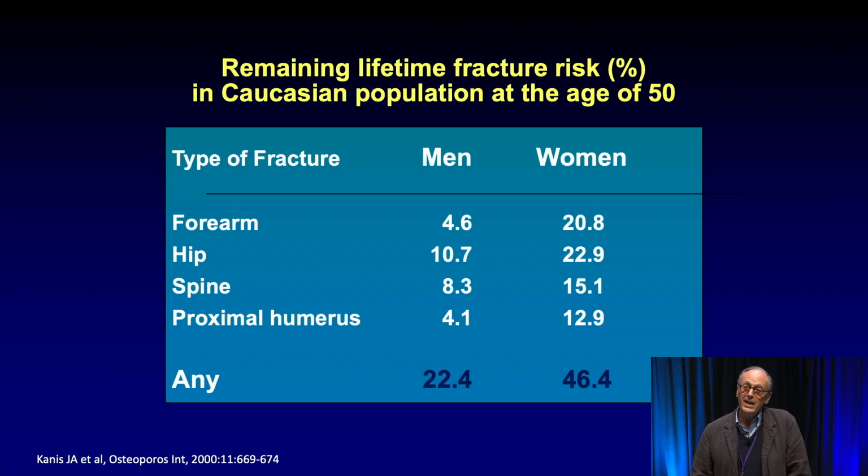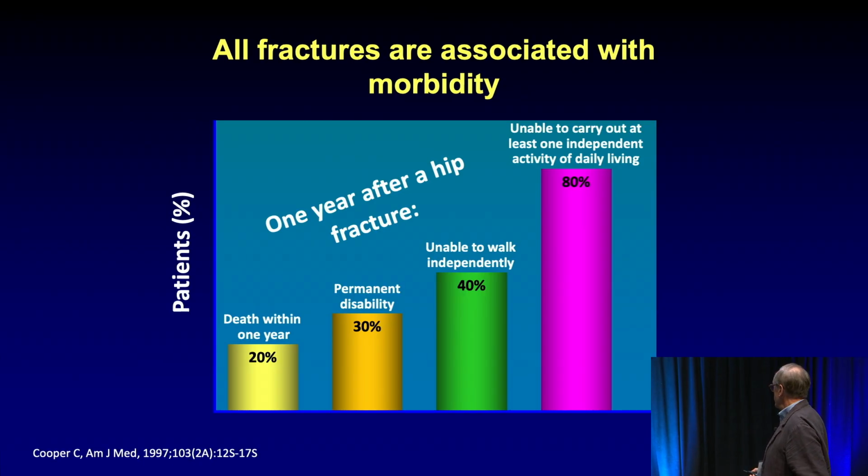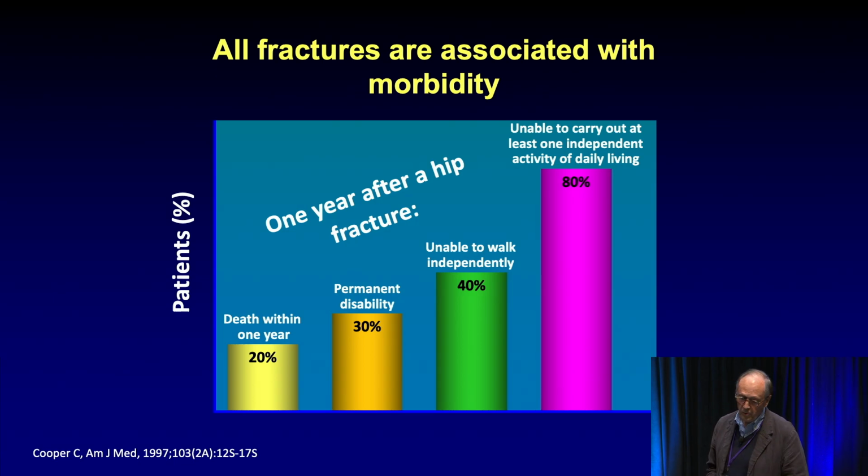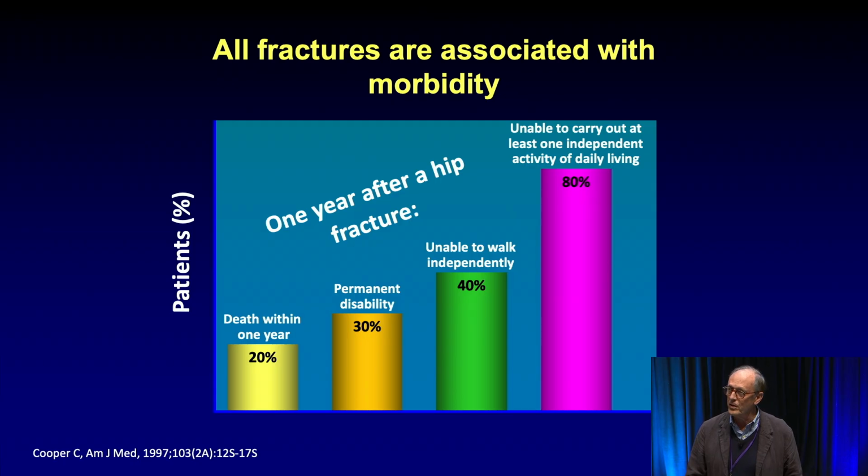Now, again, when we think fracture, we think, well, you know, the 20-year-old on the slopes that breaks a bone. It's not the same when it is a 75-year-old person, right? And this is just to remind you that the morbidity of osteoporotic fractures is very significant.